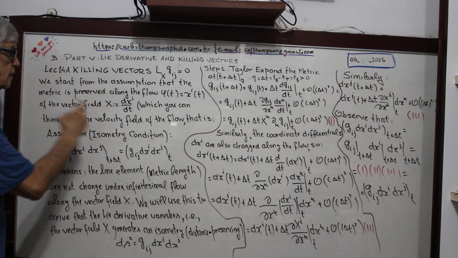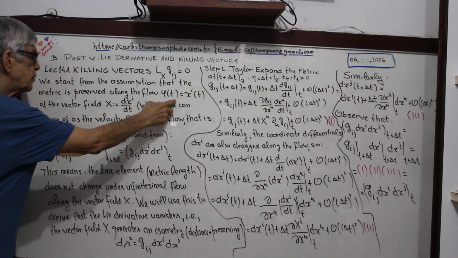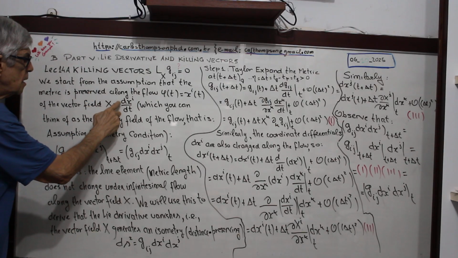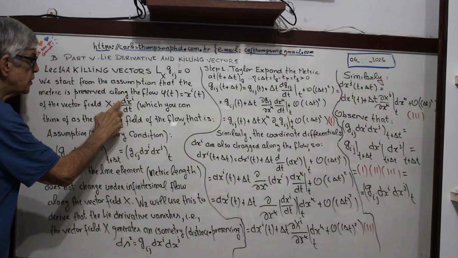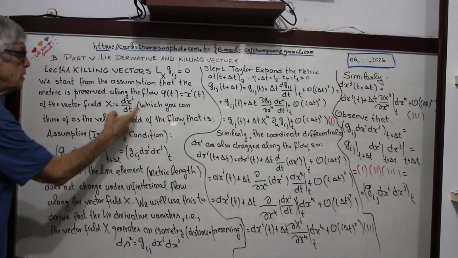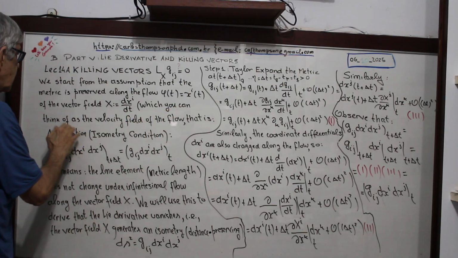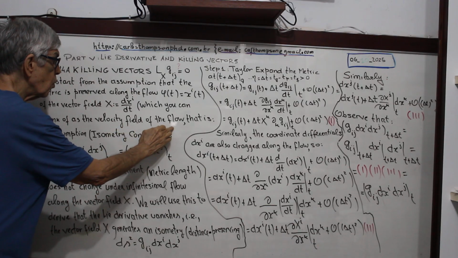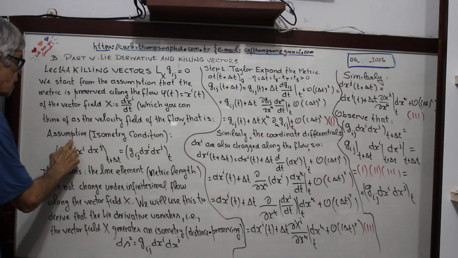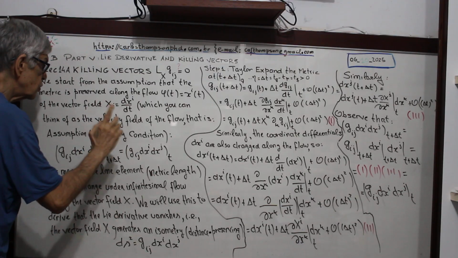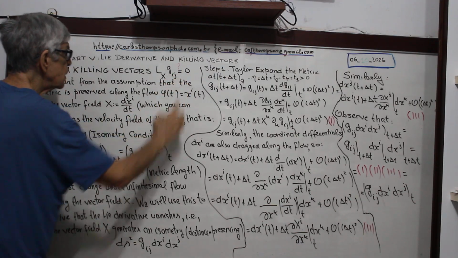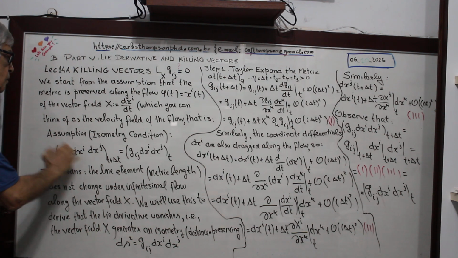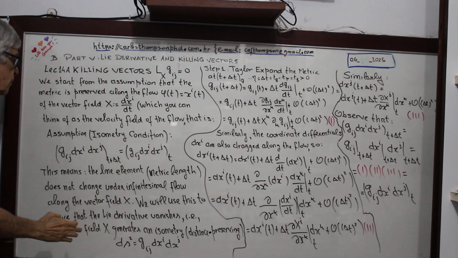So this is the function phi of t, that the vector field X defined by the ordinary derivative d xi of dt, which you can think of as the velocity field of the flow. That is the assumption, the isometry condition. You see, to derive the Killing vector, this is an assumption, the isometry condition.